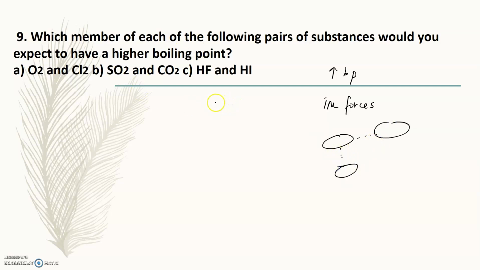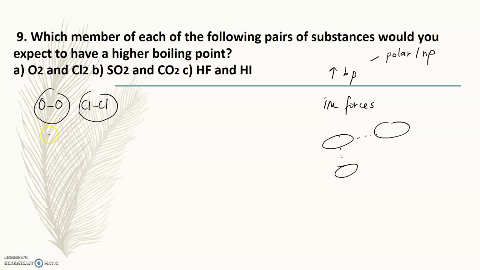But we can look at the molecule, so we can know the intermolecular forces by knowing whether the molecule is polar or non-polar. So first, oxygen and chlorine molecules. Is this molecule polar or non-polar?